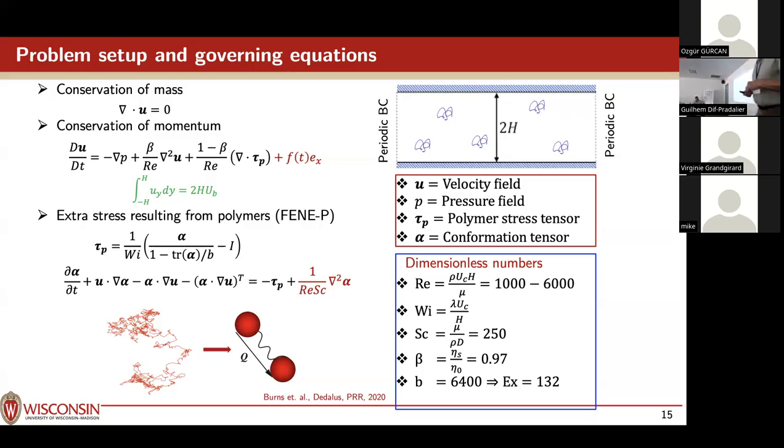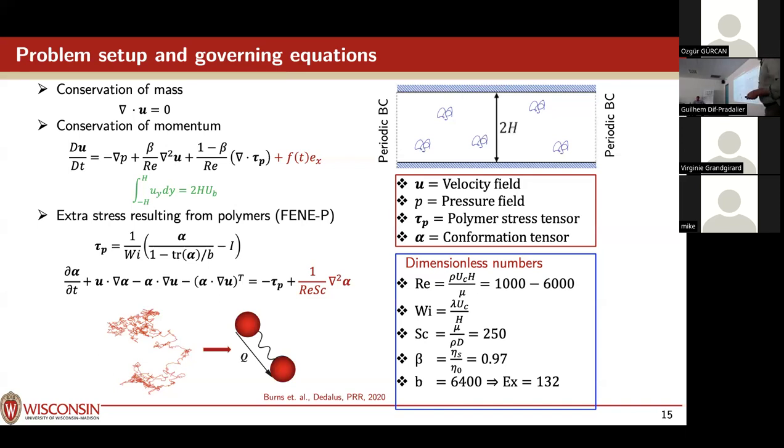We're going to work in the Reynolds number regime which is really the transitional regime here, the weakly turbulent regime. Beta in all of our simulations will be 0.97, so these are dilute solutions. We're working in a channel or pipe with periodic boundary conditions.